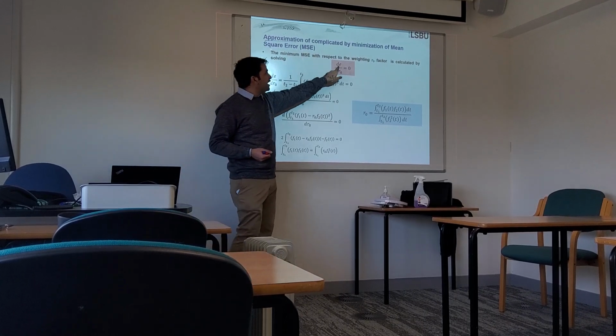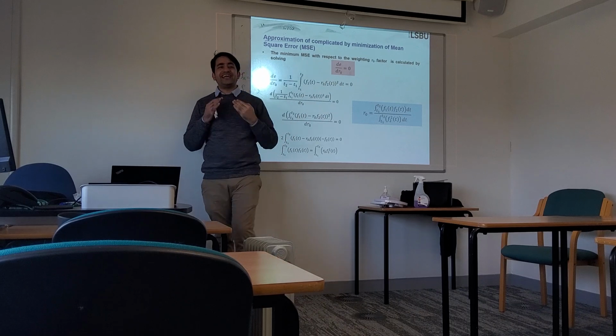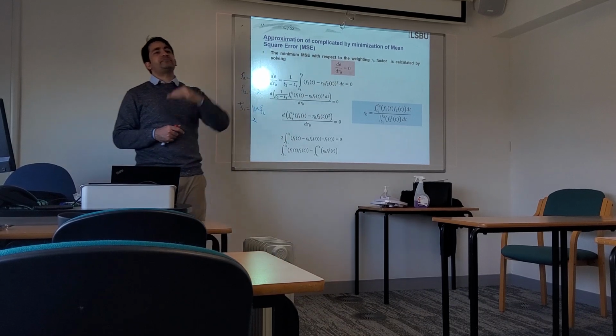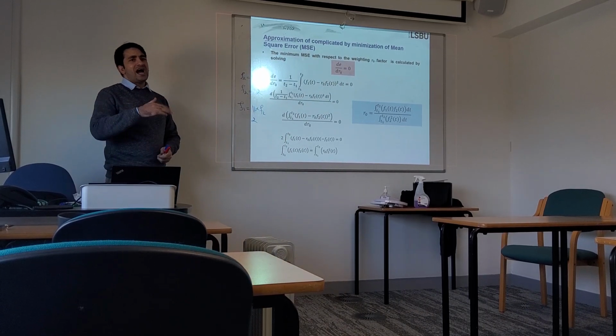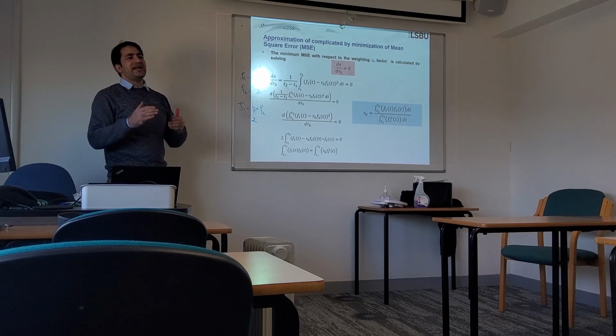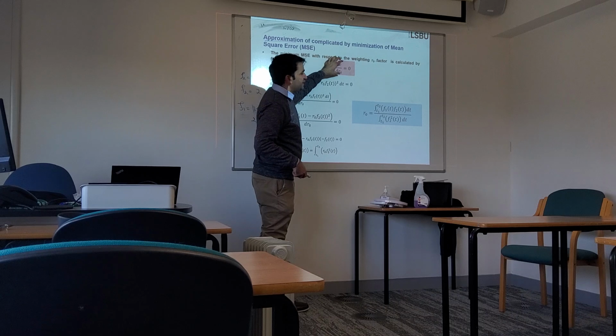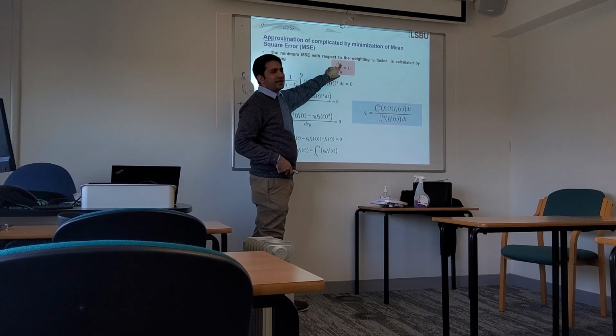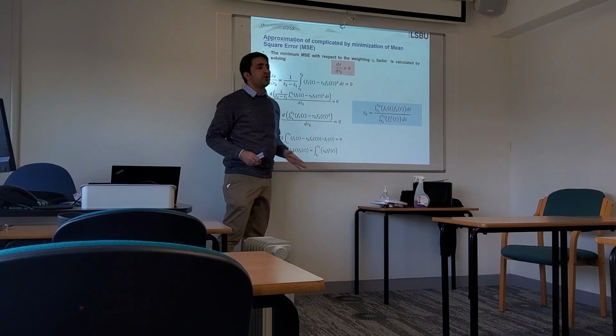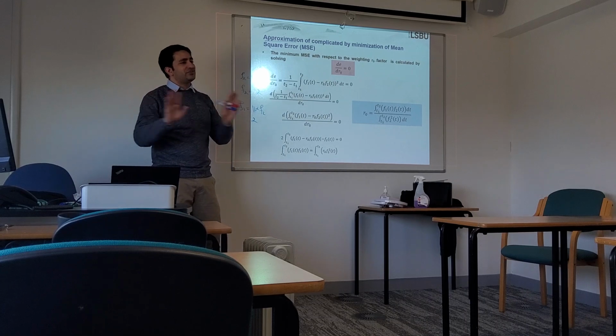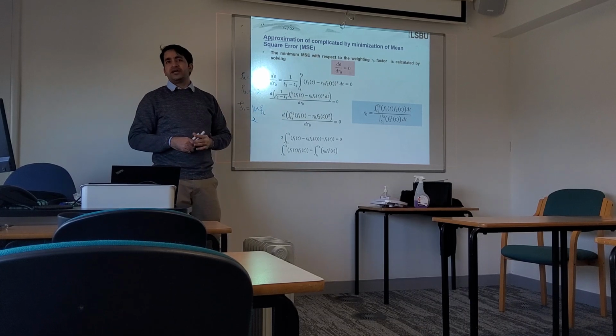That's why we are looking at the rate of change in error with respect to R naught, that is, how R naught would be varied and how it will impact error. We want to see when the rate of change of error with respect to R naught is 0, which means the error has been minimized and there is no further reduction in the error.